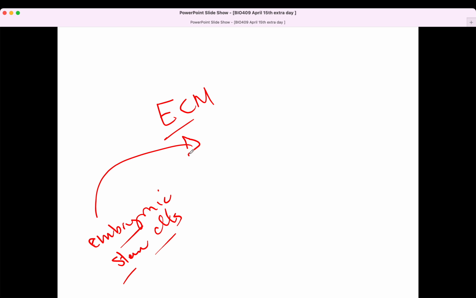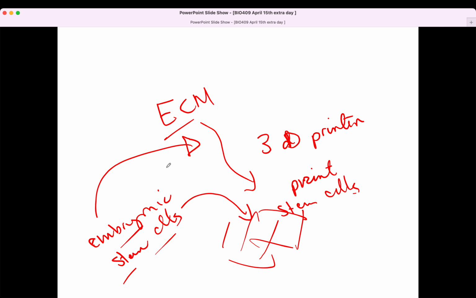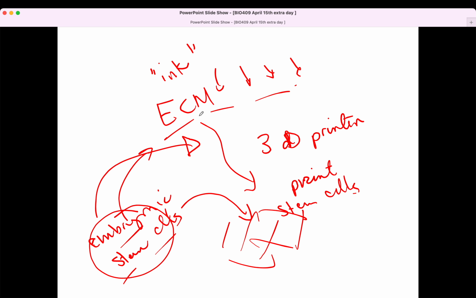And so what some companies have started to do is they use 3D printers to print extracellular matrix mesh with stem cells in it. And so the ink in the 3D printer is composed of stem cells plus the different components of the extracellular matrix that they want to work with.